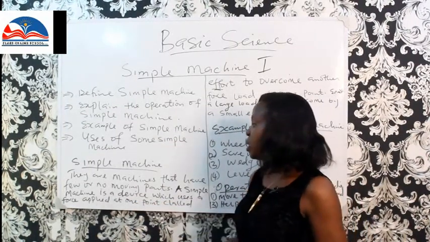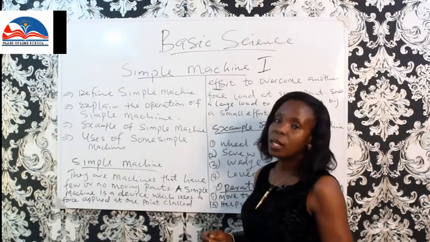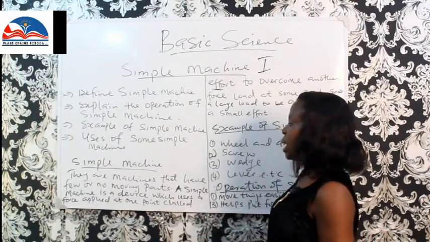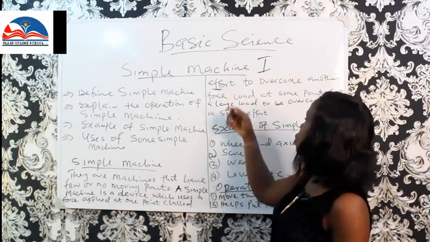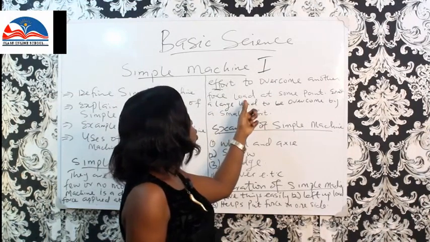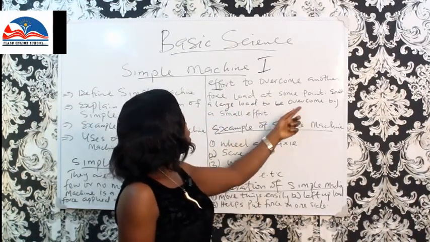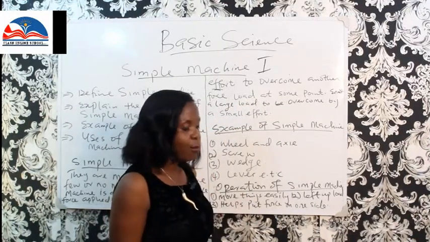A simple machine is a device which uses a force applied at one point, called effort, to overcome another force that is called load at some point. It enables a large load to be overcome by a simple effort.